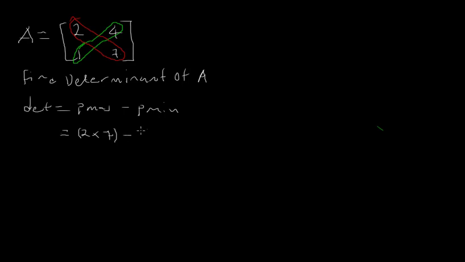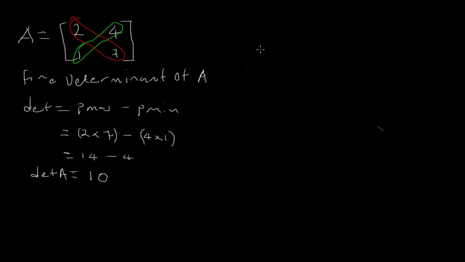Minus the product of the minor diagonal, we've got 4 and 1, brackets again. 2 multiplied by 7 gives you 14. Minus 4 multiplied by 1 gives you 4. 14 minus 4 gives you 10. So this is the determinant of matrix A.